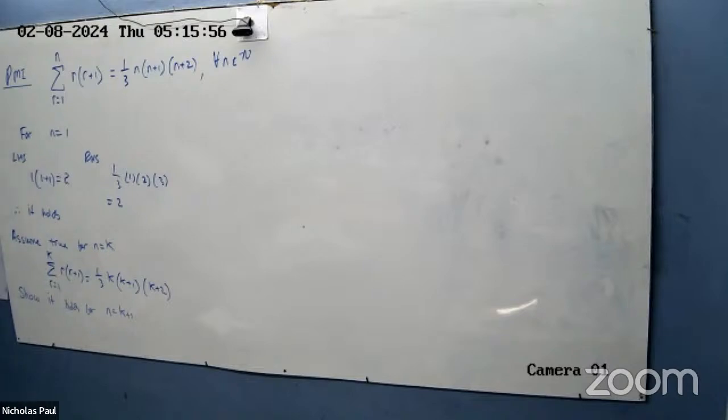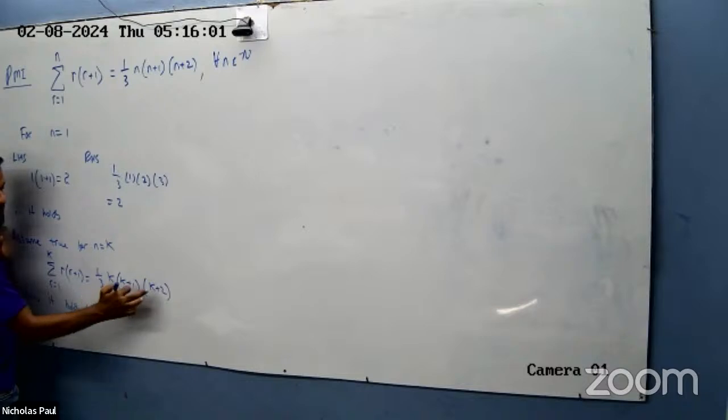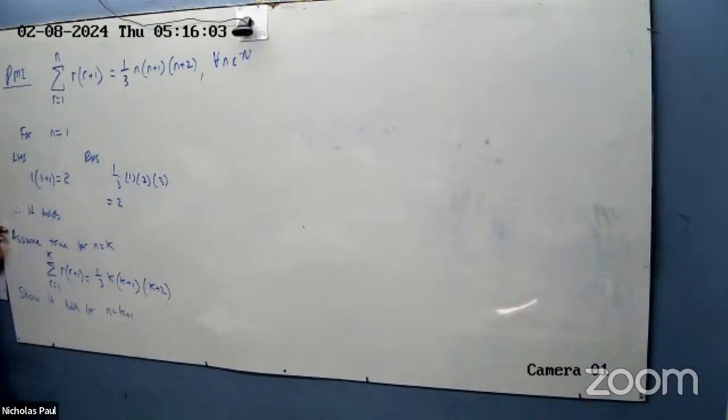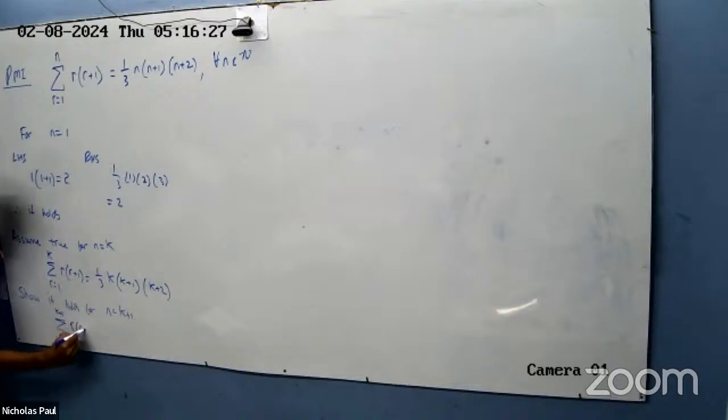Right? What are you going to do now? Just plug in k plus 1, k plus 1, k plus 1, k plus 1. Okay with that? Remember the steps? So the summation of r going from 1 to k plus 1 of r by r plus 1.